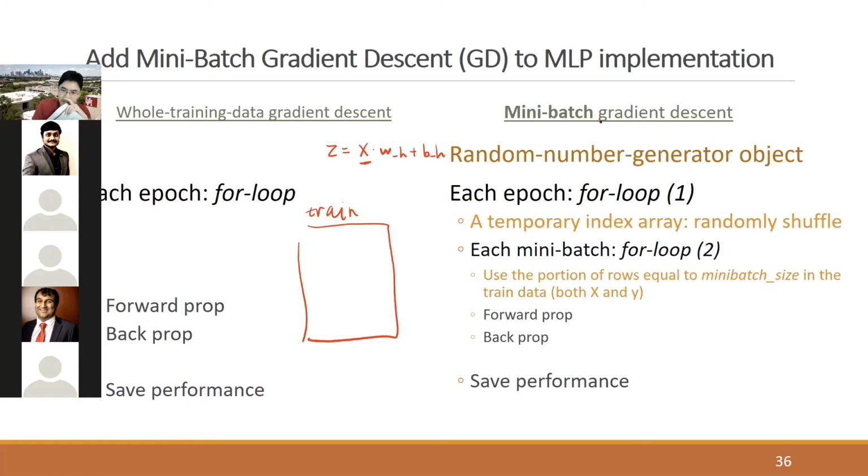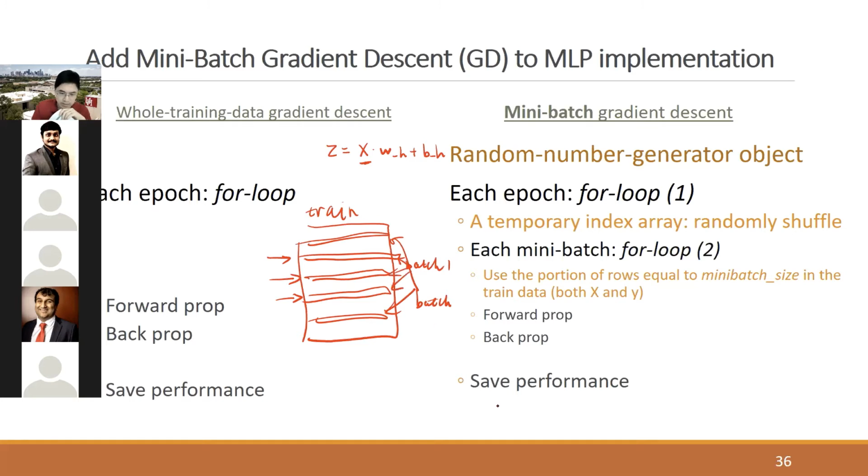But with mini-batch gradient descent, we have to randomly take a subset, and let's use these as batch 1, and then don't sample it again in the same main for loop. In batch 2, we will sample these, it's hard to draw, but randomly take these.